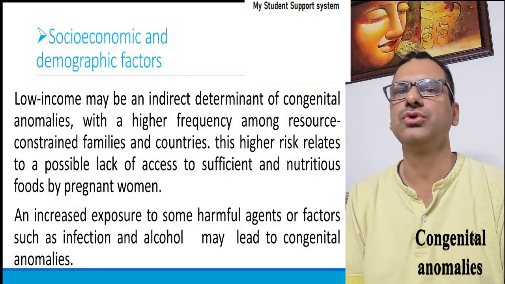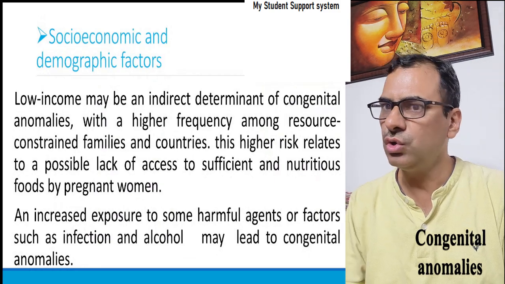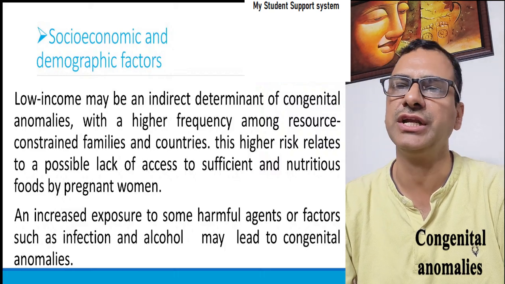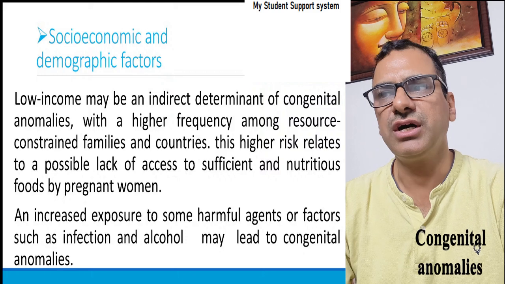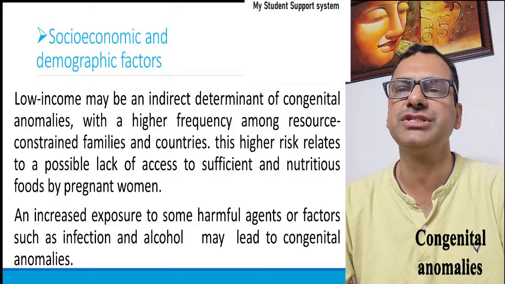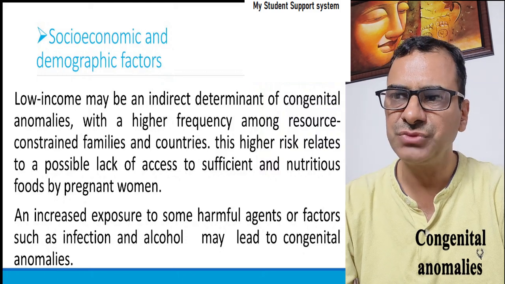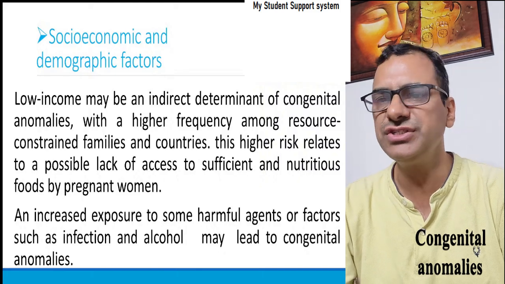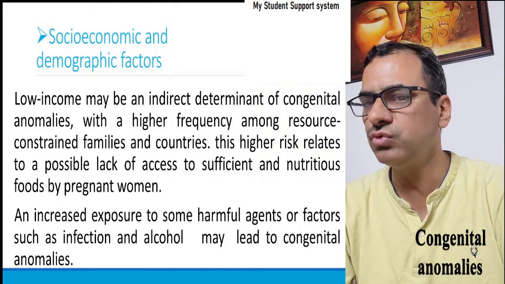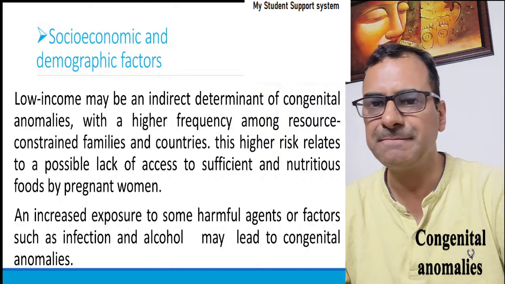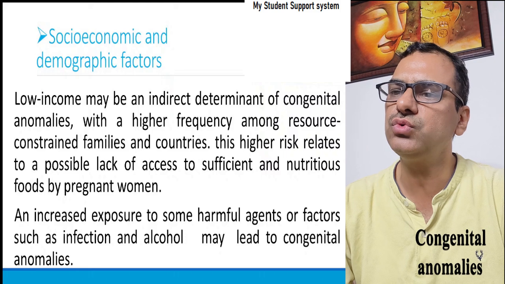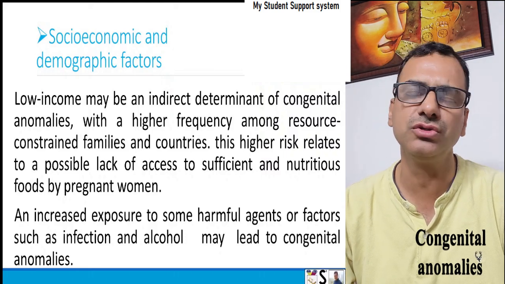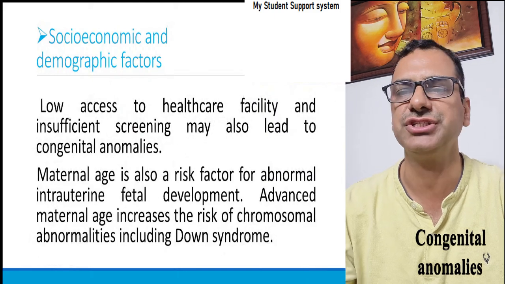Then socioeconomic and demographic factors. Low income may be an indirect determinant for congenital anomalies, with a higher frequency among resource-constrained families and countries. This high risk relates to possible lack of access to sufficient nutritional food by pregnant women. An increased exposure to harmful factors such as infection and alcohol may also lead to congenital malformations.